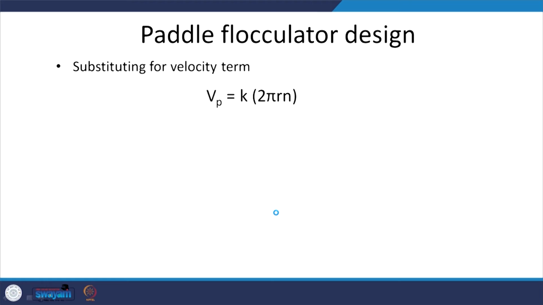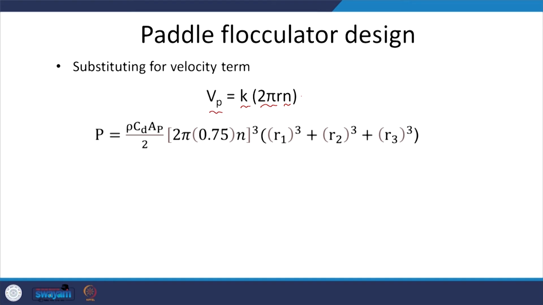And substituting for the velocity term, so velocity of the paddle, this particular constant, 2 pi r, the perimeter it's going to cover, and the rotational speed, right? So the constant we are taking is 0.75. This will give me an idea about the velocity of the paddle relative to the water, relative to the fixed coordinate, right? So that's something to keep in mind.